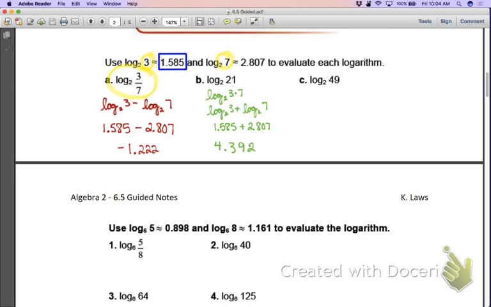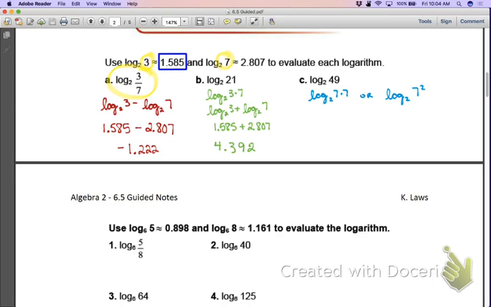Okay, so on this one, you could do it really two different ways. It's going to come up with the same thing. I can either have log base 2 of 7 times 7, or I could do log base 2 of 7 squared. It's going to give me the same value. It can't change its value. It's just two different ways that you could do this.